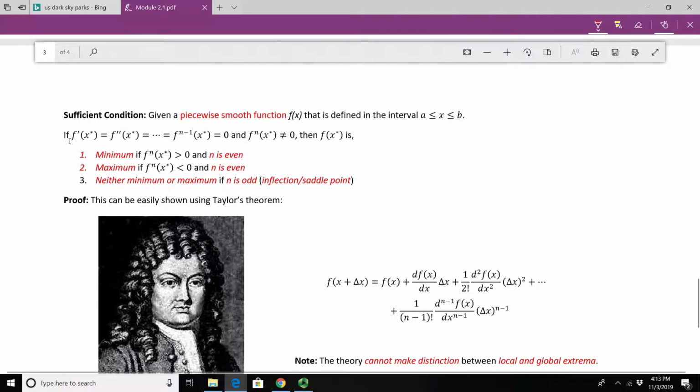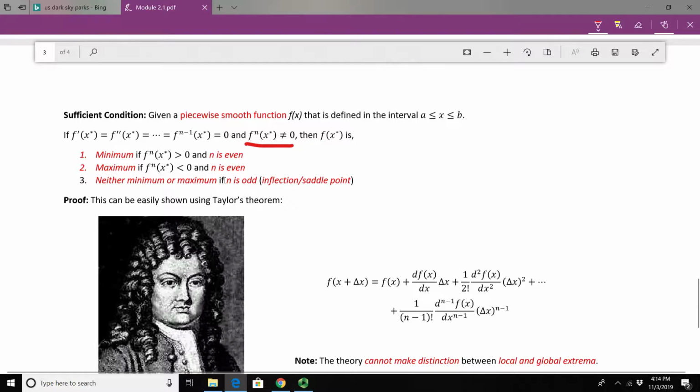I will monitor the derivative at x star. So if it is 0, 0, 0, I keep going till I see the first non-zero derivative, and I will look at its value. If it is greater than 0, positive, and n is even, I'm at a minimum. If n is even and the derivative is less than 0, it is a maximum.